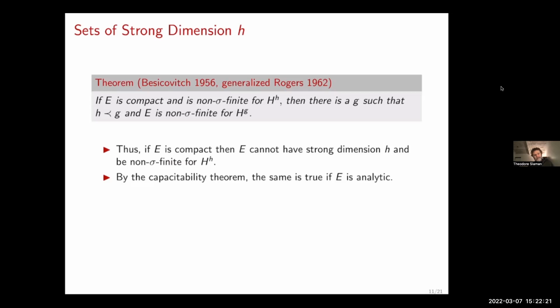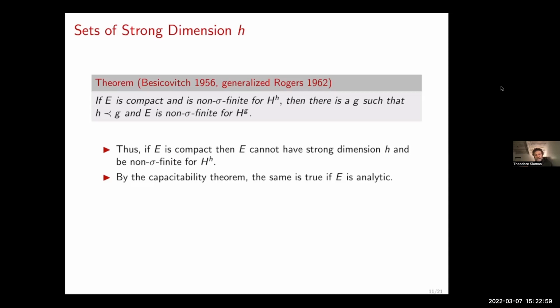Okay, so if you have a compact set and it looks really large with regard to the gauge function H, then H does not characterize its dimension among all the possible gauge functions. And that fact, by the Davies Capacitability Theorem, is true for analytic sets as well as compact sets, because the non-sigma finiteness of an analytic set is supported by its compact subsets.